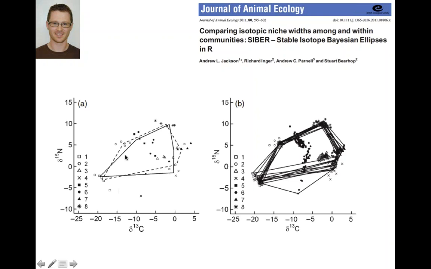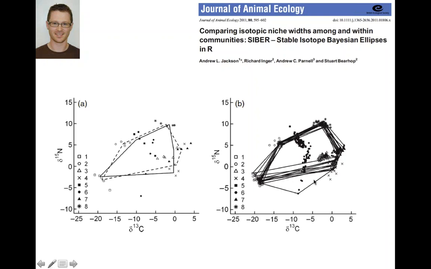Take as an idea that these are two different convex hulls, based on carbon and nitrogen, for different consumers or different populations in our food web, denoted by different markers. You can build convex hulls based on the means of all these different consumers or populations. If you were to do that with the Layman metrics, you could get these two different convex hulls for the two populations plotted on the same plot.